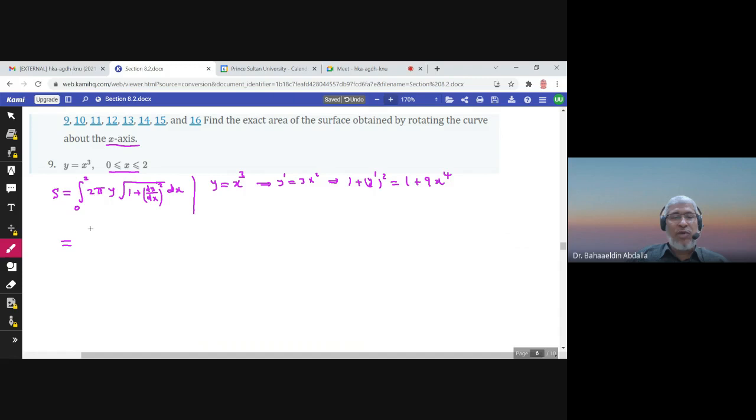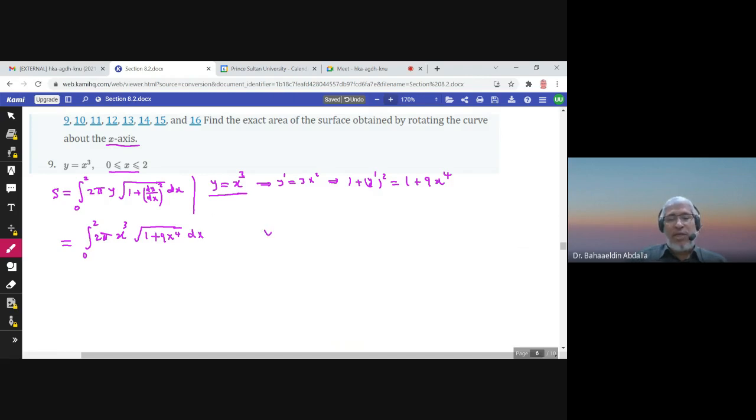So s would be equal to integral from 0 to 2 of 2 pi y ds. Now the integral is with respect to x, and y equals x cube. So I replace y here by x cube and square root of 1 plus y prime square, which is 1 plus 9x to the power 4 dx.